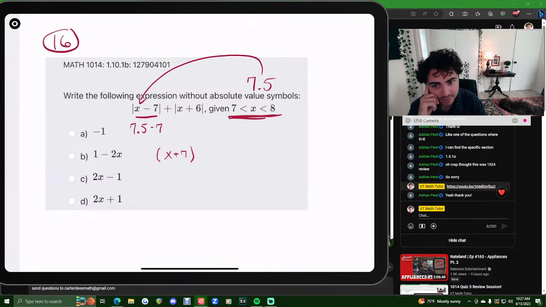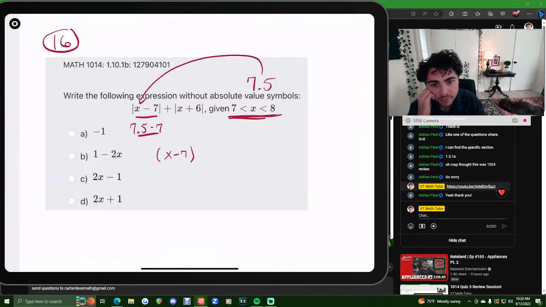It's positive, meaning that you can drop the absolute value bars and just leave the x minus 7, sorry, this is x minus 7 the whole time. You can drop the absolute value bars and leave x minus 7 as a positive expression. So leave it as positive because 7.5 minus 7 was positive.